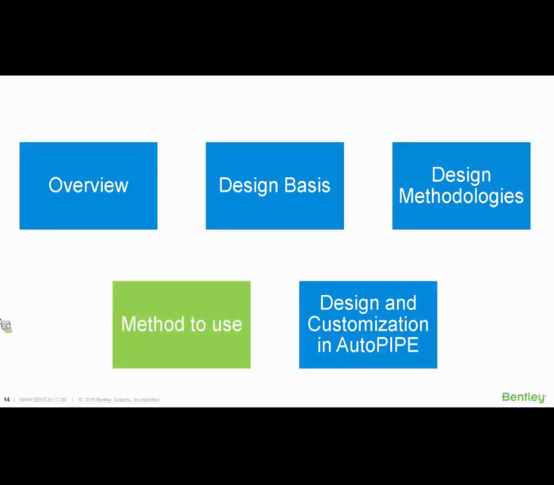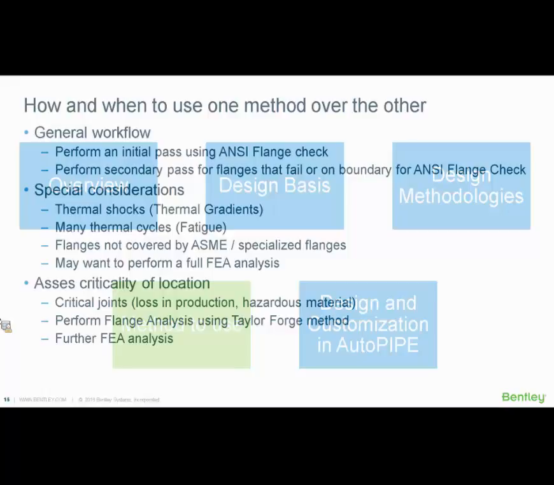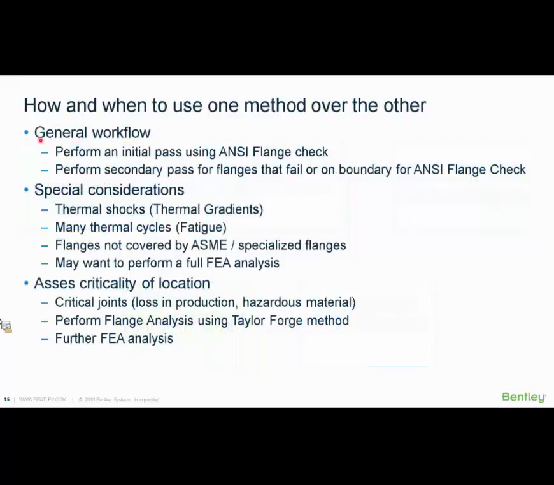So let's move on to a general workflow, or which method to use and when to use it. A suggested workflow could be that you perform an initial pass using the ANSI flange check, and then see which of the flanges are failing that conservative method, right?